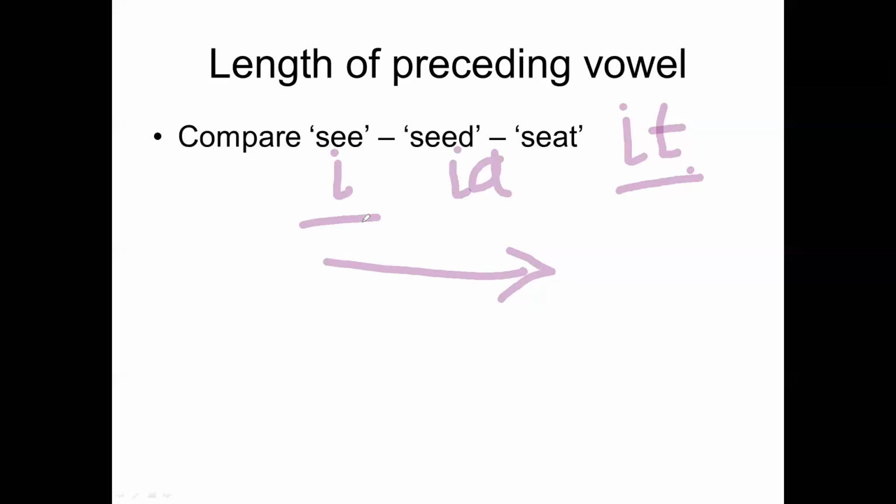That'll be the longest. So here we're going in terms of just how long that vowel lasts, all the way from long to short. So just remember that if you have a fortis consonant, any vowel in front of it is going to be a little bit shorter than if it were in front of a lenis consonant.